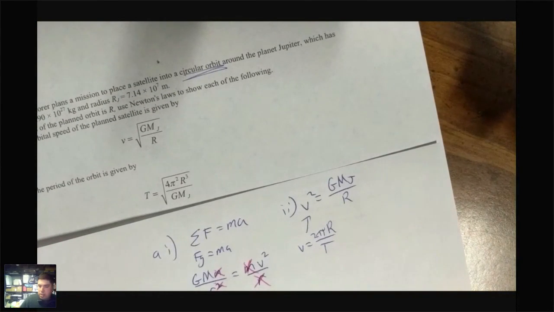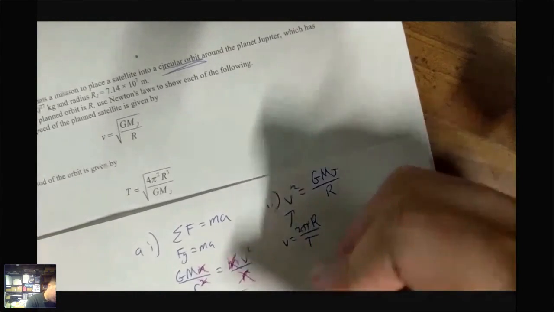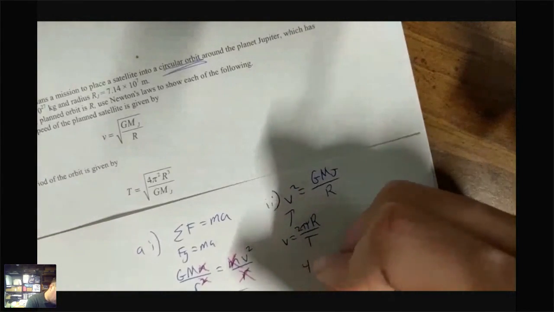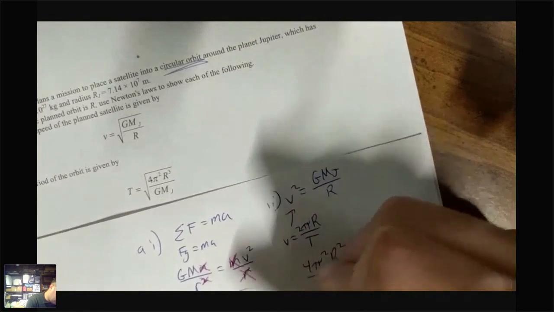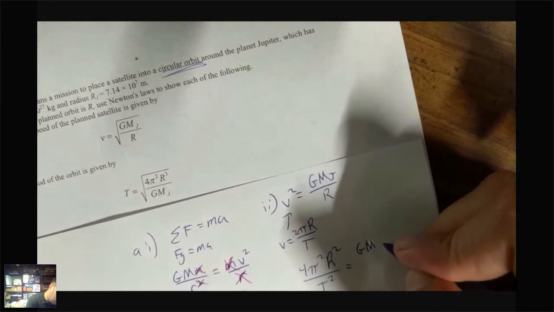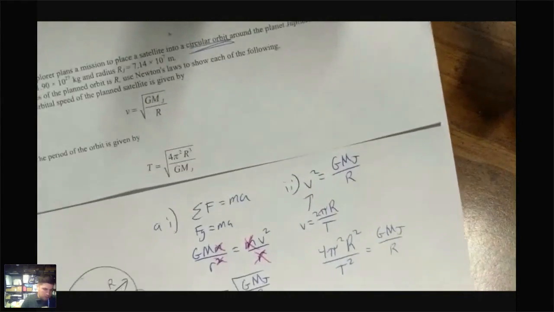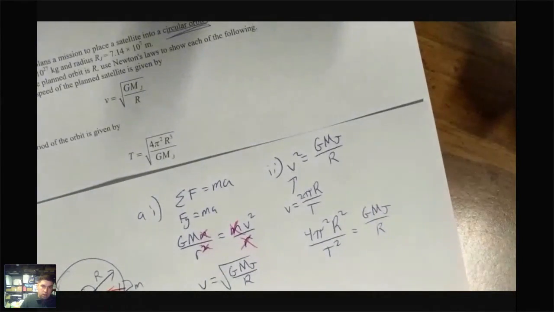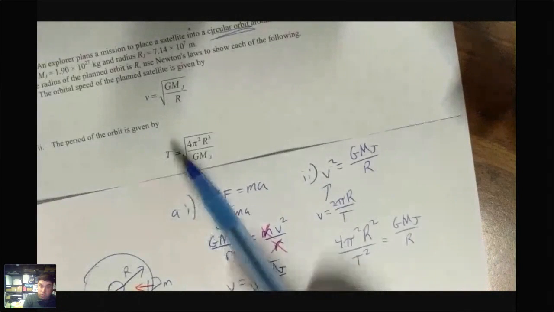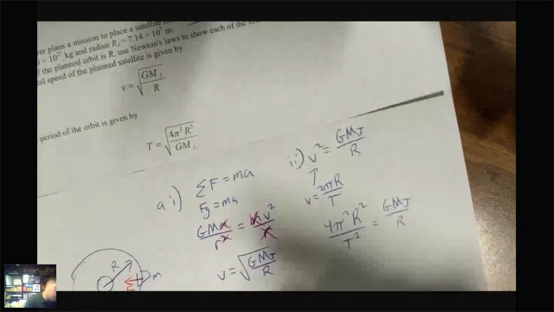So that would mean that we've got a velocity squared now. So let's do 4 pi squared r squared over T squared equals G mj over r. All right, this looks like a little cross multiplying now, because my goal is to get T by itself. That's what the question's asking us to show. So let's cross multiply, and we'll get 4 pi squared r cubed.